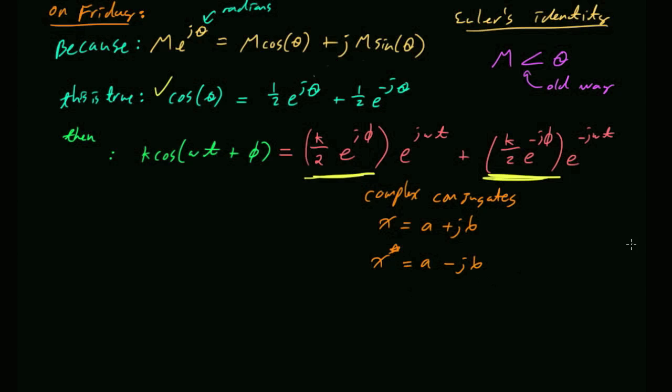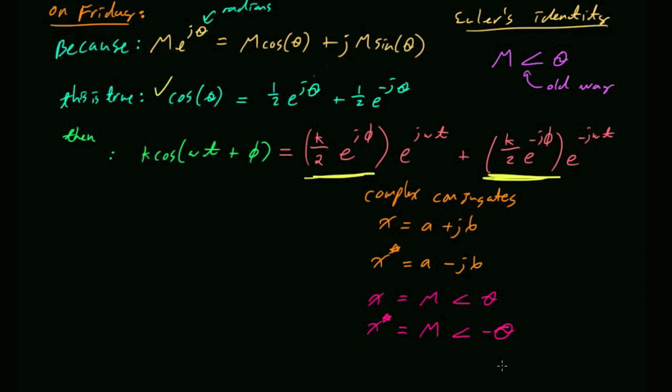Alternately, in polar form, if you've got x equals m angle theta, its complex conjugate is m angle minus theta. That's just the standard definition of complex conjugates, which should be old hat for you.